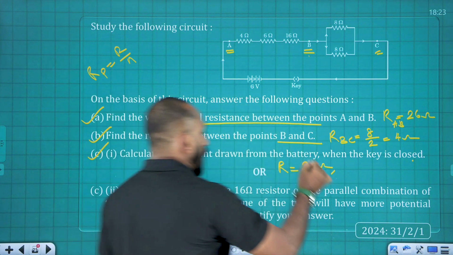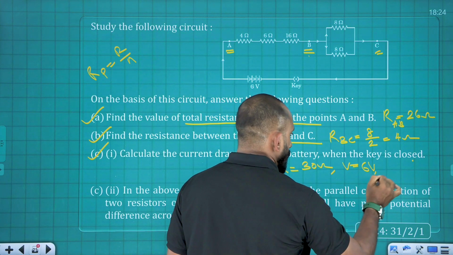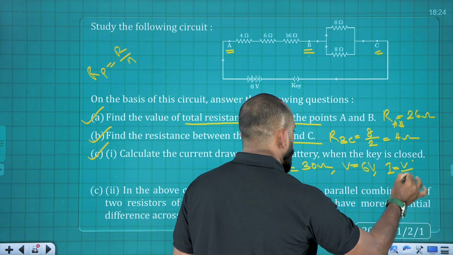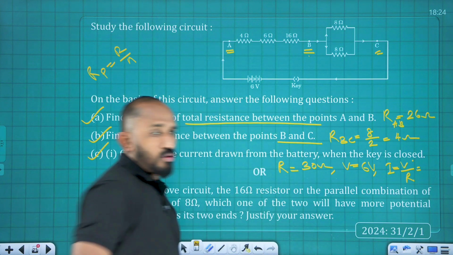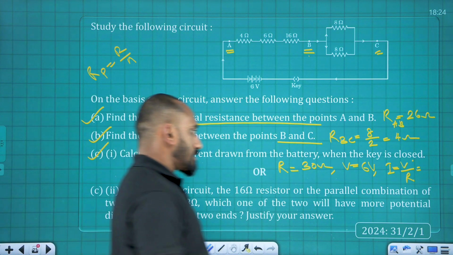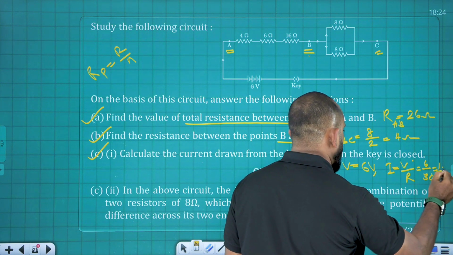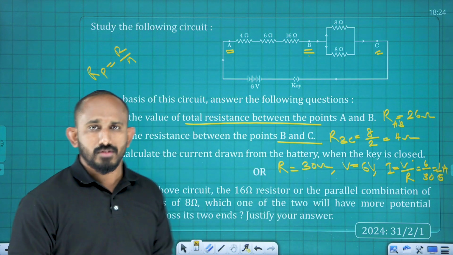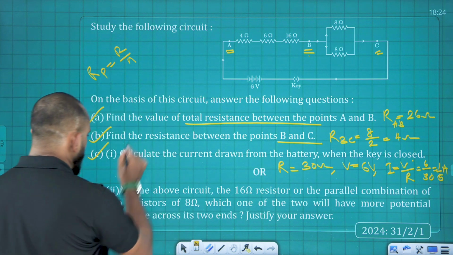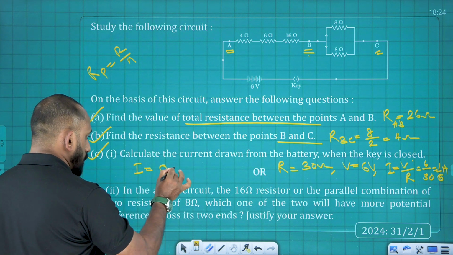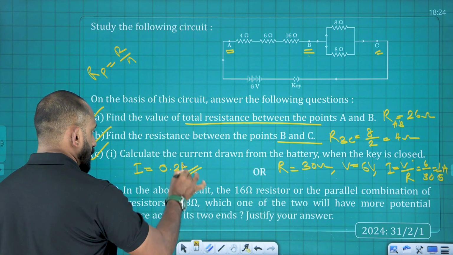And voltage is given, how much? 6 volt. Then current I is equal to V by R, from Ohm's law. That is 6 by 30, which is 1 by 5 ampere, that is 0.2 ampere. So net current here will be 0.2 ampere.